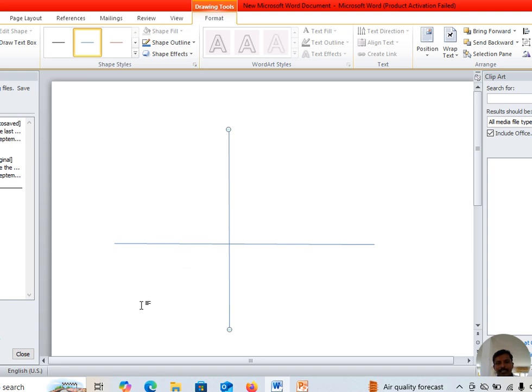If the object is here, it represents the object is below the HP and behind the VP. If the object is here, it represents the object is below the HP and in front of the VP.